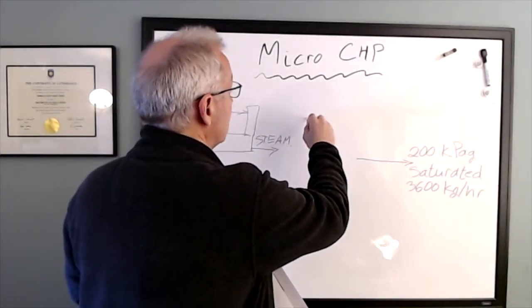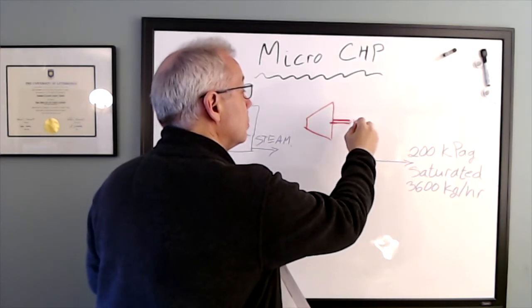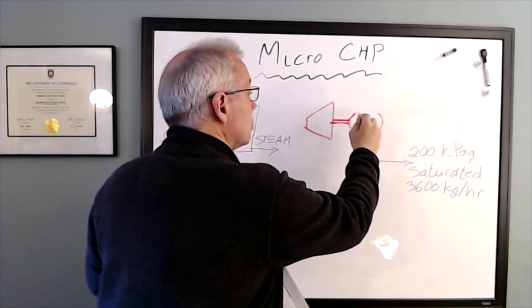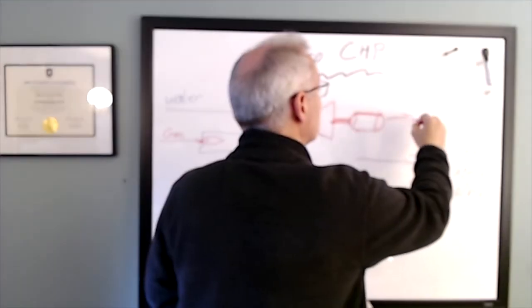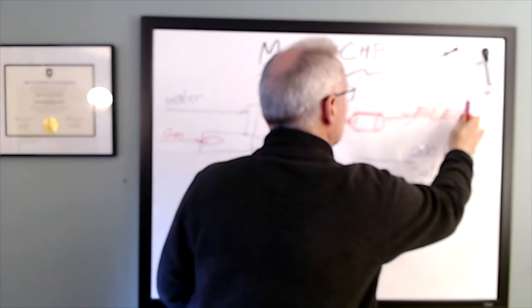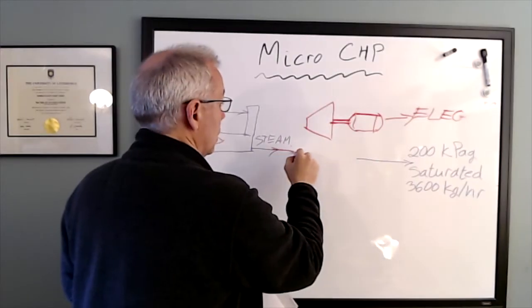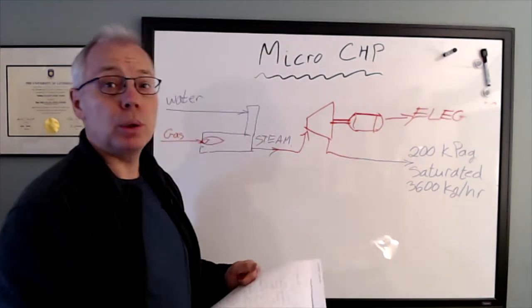We could have a turbine attached to a generator, make some electricity, steam goes in, low pressure steam goes out.